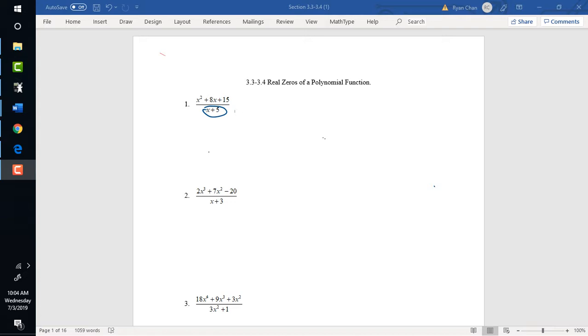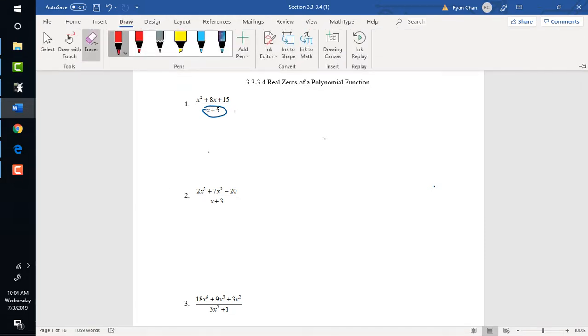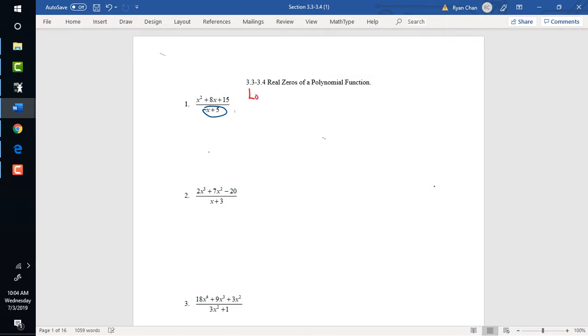So let's get started. Let's say you're being asked to do long division right here. Sorry, I do apologize that I did not write that in the packet. One thing to keep in mind is that when you are being asked to do long division, sometimes they write it in fraction form, and sometimes it's already in the long division form.